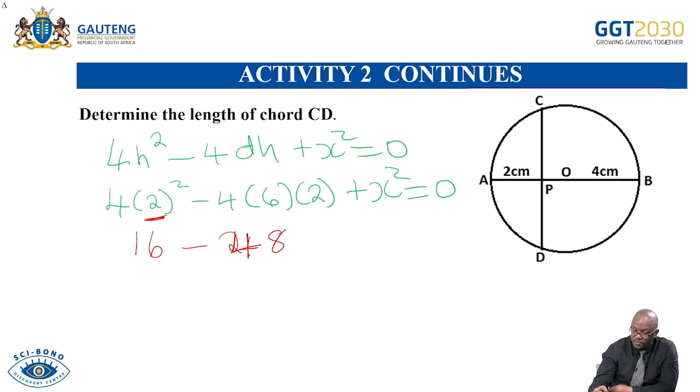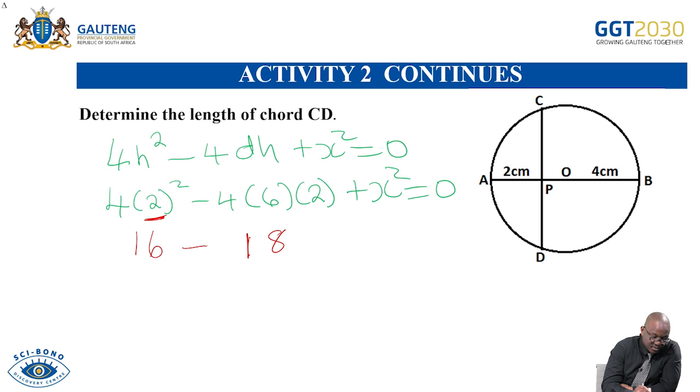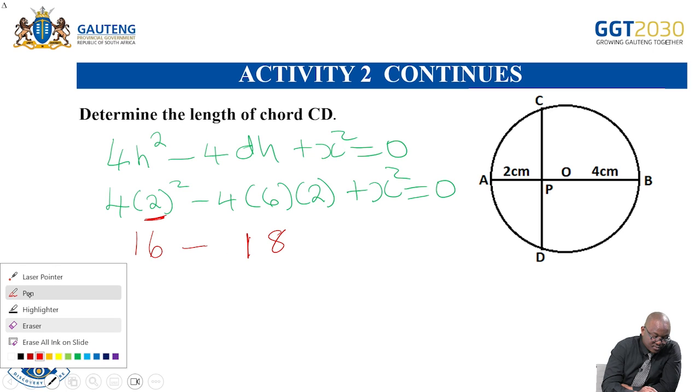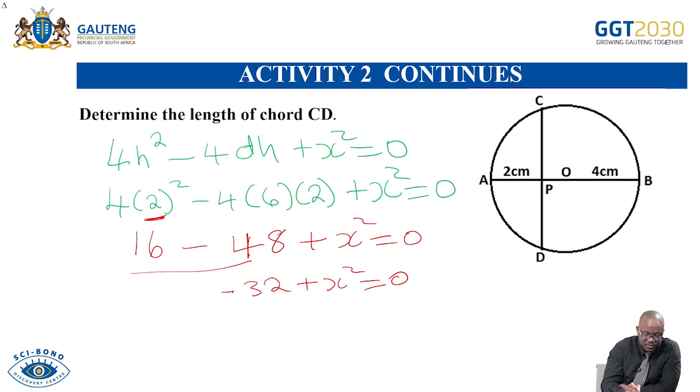So negative 4 multiplied by 6 and 2, you get negative 48, so I'm correct. So you got negative 48 plus x squared is equal to 0. In this case, you add: 16 minus 48. You are going to get negative 32 plus x squared is equal to 0.